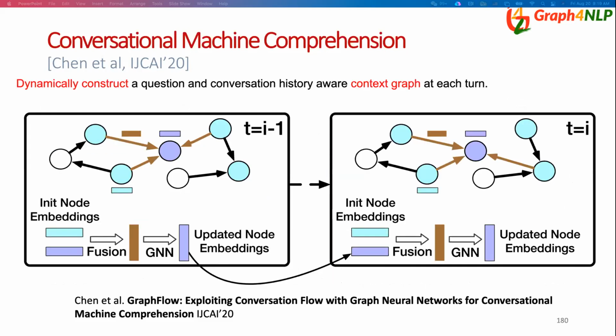The intrinsic context graph structure is unknown. Moreover, the context graph structure may vary across different turns by considering the change of questions and the conversational history. So in this work, it dynamically builds a question and conversation history aware context graph to model semantic relations among context words at each turn.